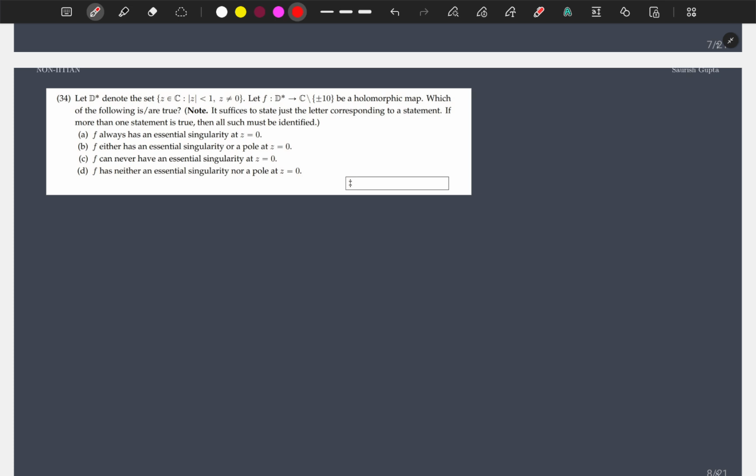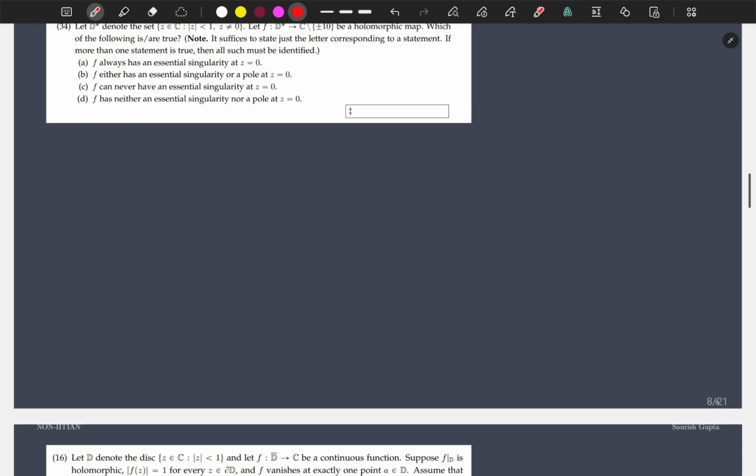That can be immediately concluded by the Casorati-Weierstrass theorem, right? Or probably the variant of it in terms of the Great Picard's theorem. Let me just explain it a bit.